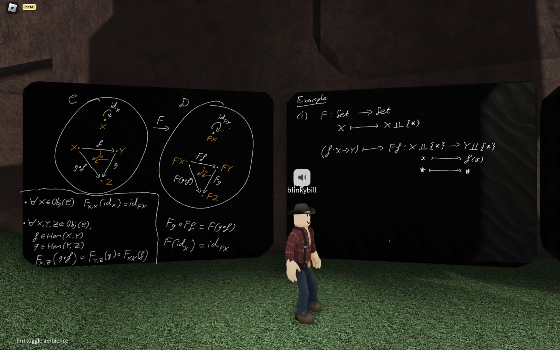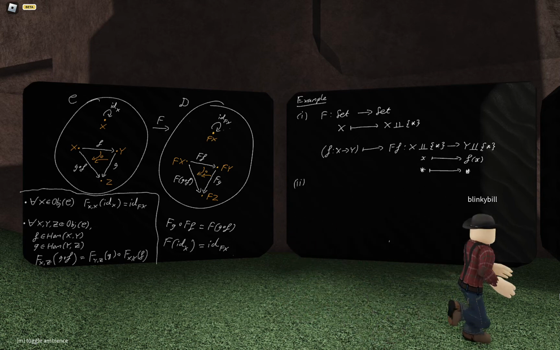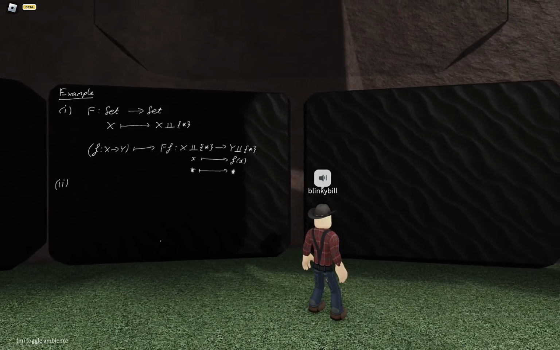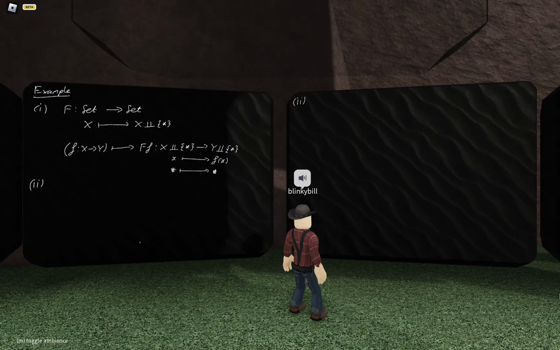The second one is a little more involved. I'll actually start on a new board for it. This one is an example. We talked about the double dual in the last lecture, and I think Will wants to keep bringing it up because it's a good example of a functor.